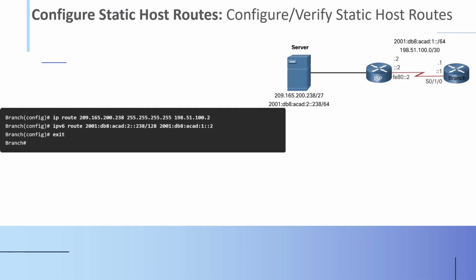So here let's configure a static host route on a branch router to access the server. By doing so, we use the ip route command. We add the address of the server, which is 209.165.200.238, followed by the subnet mask with all bits 1, which means each octet will be 255.